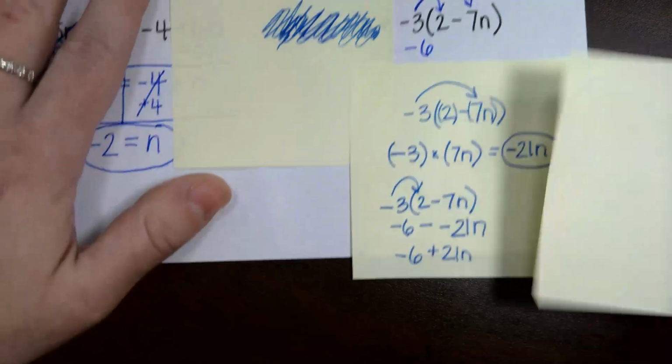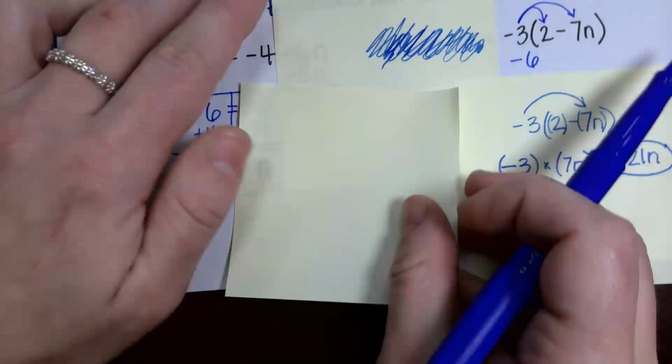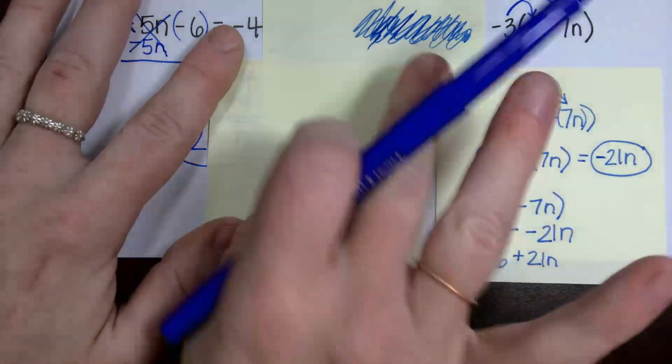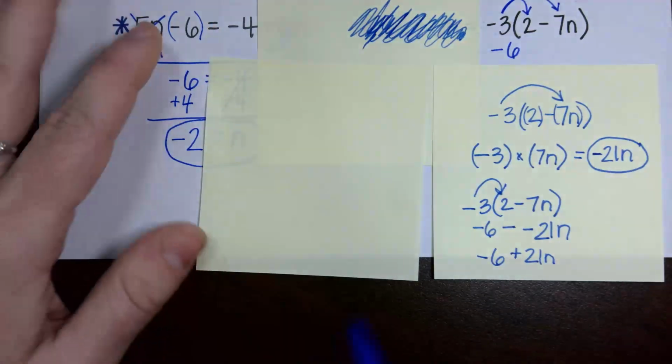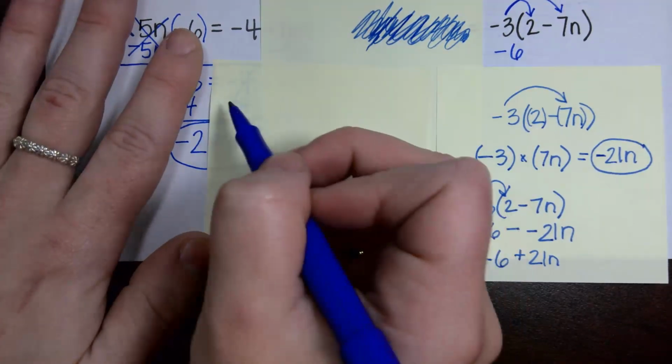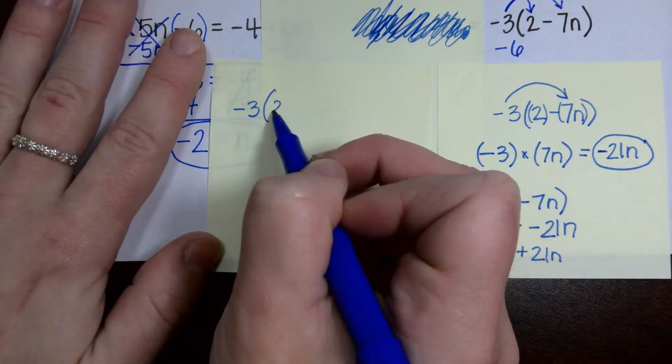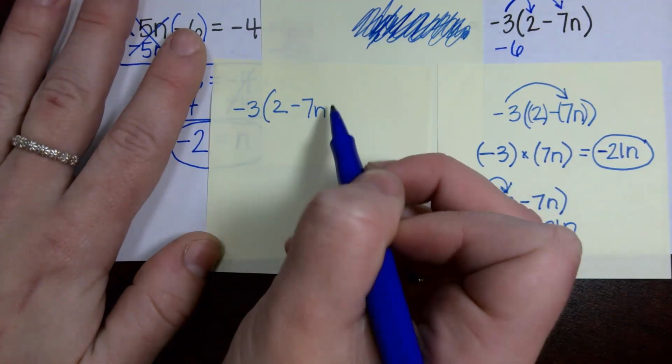Something else you could do, and you'll get the exact same answer. And if you feel good about this first explanation and you think a second explanation is going to confuse you, you're welcome to tune it out. So I've got -3, I'm just rewriting that again, (2 minus 7n).